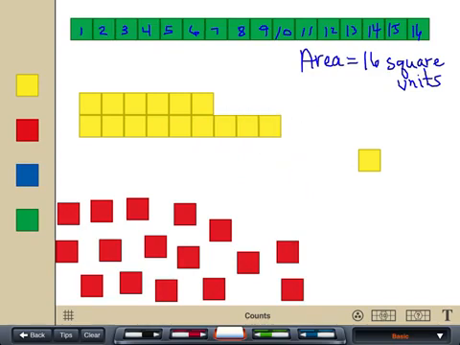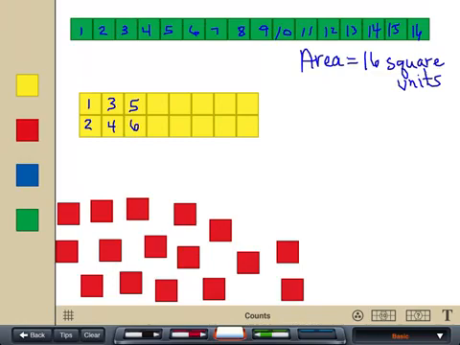What about if I did this? Would that work? No, that's also not a rectangle. But look at this. Can we decide if this has an area of 16 square units? We sure can. I'm going to count it a little differently. 1, 2, 3, 4, 5, 6. What are you noticing?